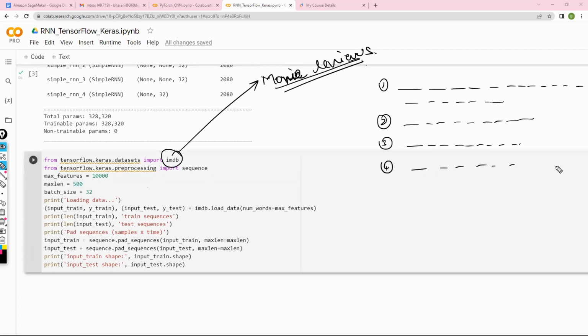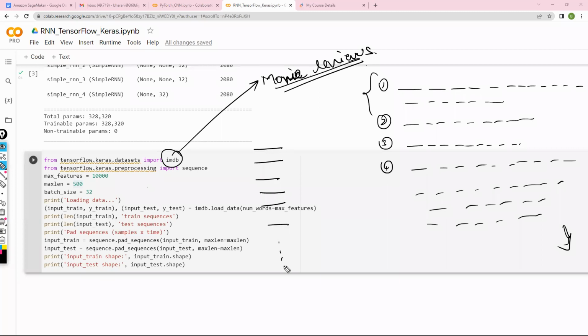Movie review 4, you have 1,000 words. Someone has written that in the review. And now if I take all the unique words, word 1, word 2, word 3, word 4, word 5, in that way, say you got some 30,000 unique words.